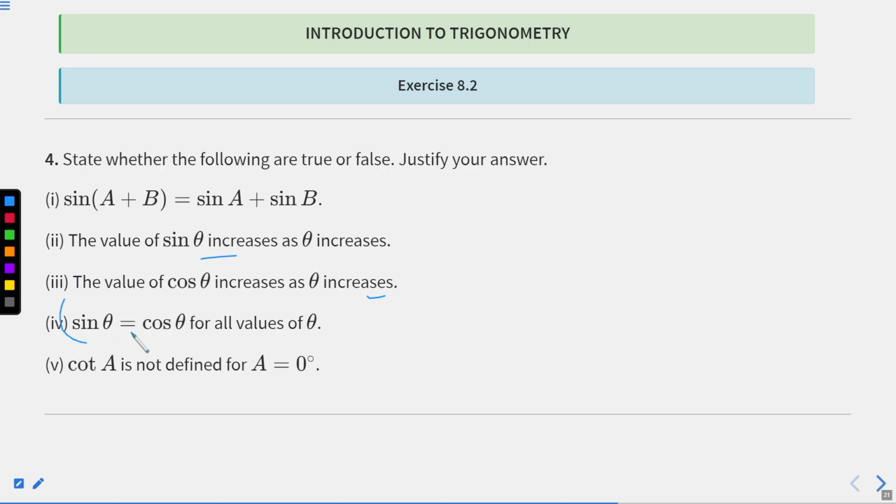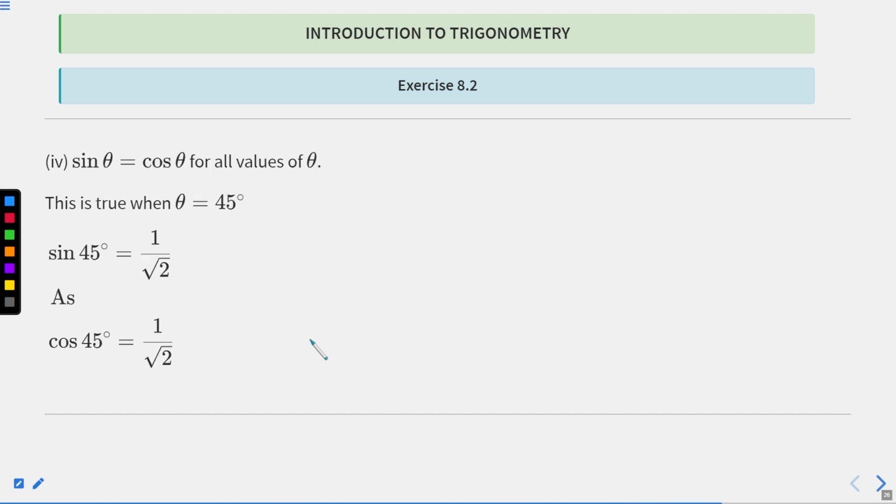In statement number 4, we have: sin theta is equal to cos theta for all values of theta. Here you can see for theta equal to 45 degree, sin 45 degree is equal to 1 by root 2, as cos 45 degree is equal to 1 by root 2. So at theta equal to 45 degree, sin theta and cos theta are equal.